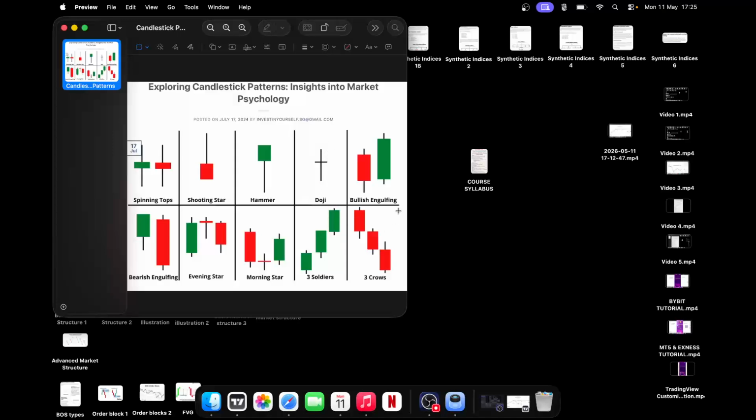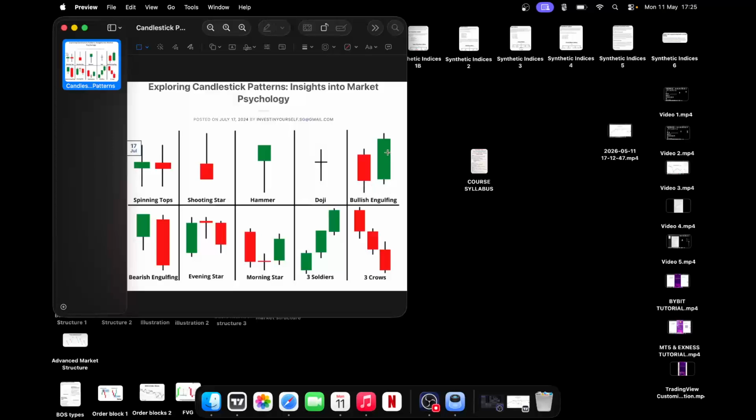So that is that. Then once we are considering the double candlestick patterns, we have the bullish form and we have the bearish form. So this is bullish engulfing. When you see it, you are considering two candles together.